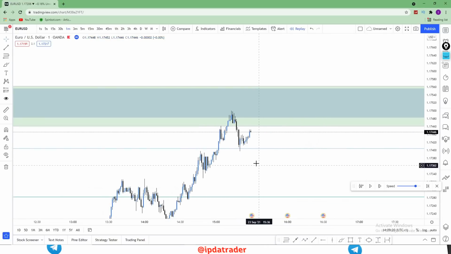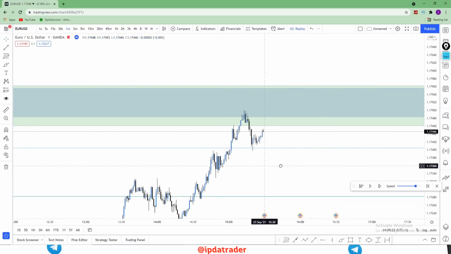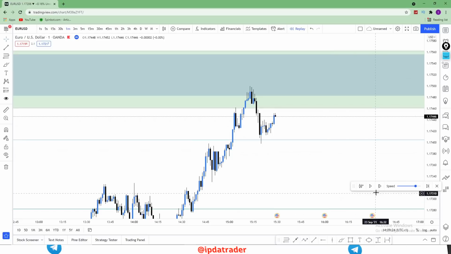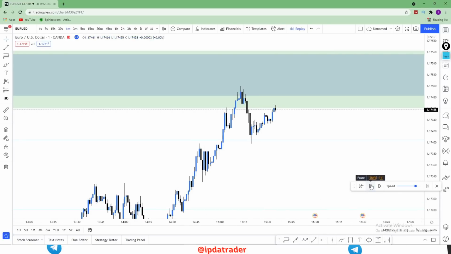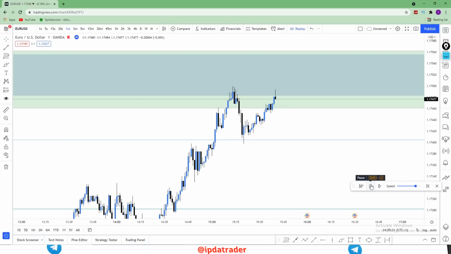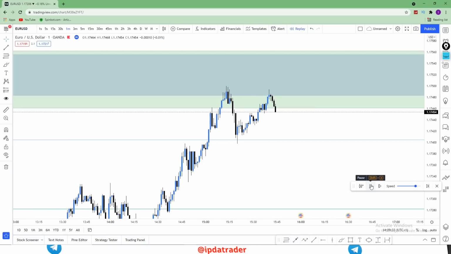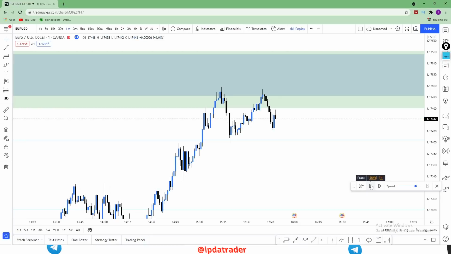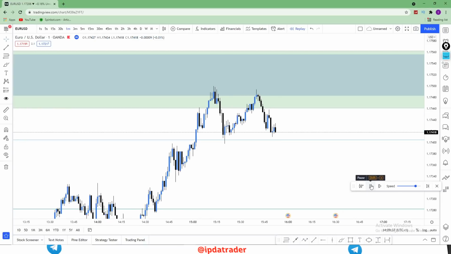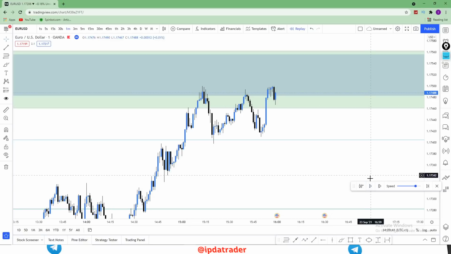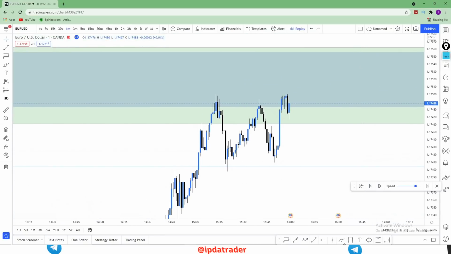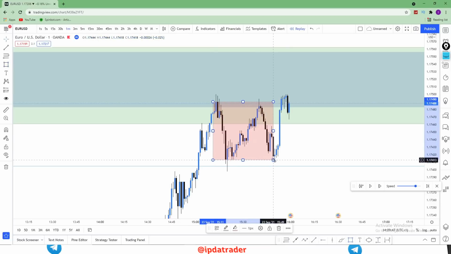So okay, we're watching price. Price hits the POI. And let's continue watching. Price plays within our POI. We're not executing yet. And as you can see, price comes back up. There we go. We can see here that we just created liquidity, right, in form of this consolidation.